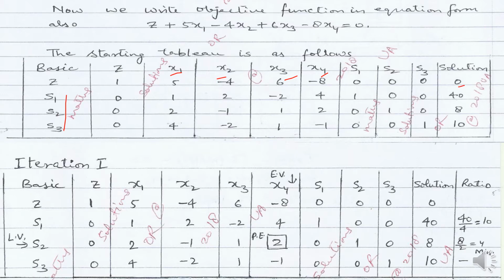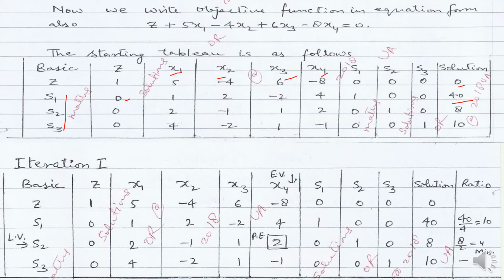Now the S1 row is the first constraint row, and we have written coefficients of the first constraint here. Coefficient of Z is 0, and coefficient of x1 is 1, x2 is 2, x3 is minus 2, x4 is 4, s1 is 1, and s2, s3 are 0, 0, and right hand side is 40.